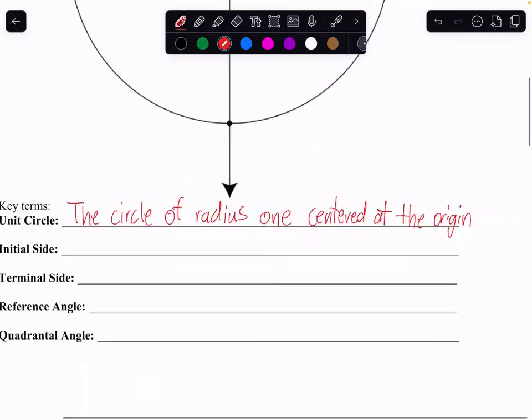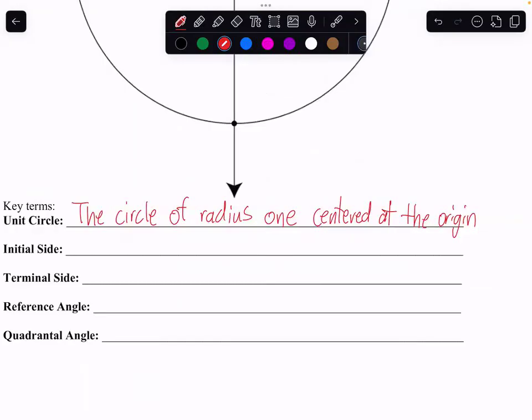There's only one unit circle. There's only one possible circle that fits this description. It has a radius of 1 unit, and the center of the circle is the origin, the point 0, 0.